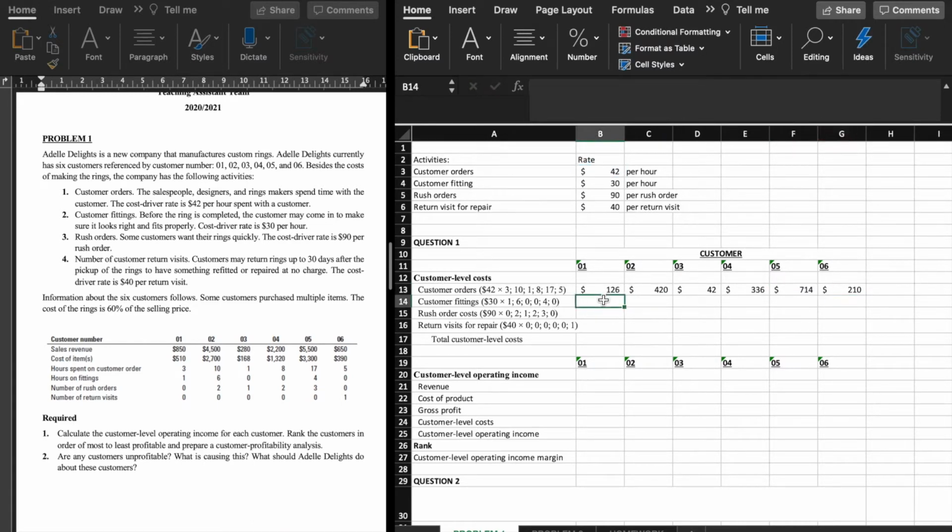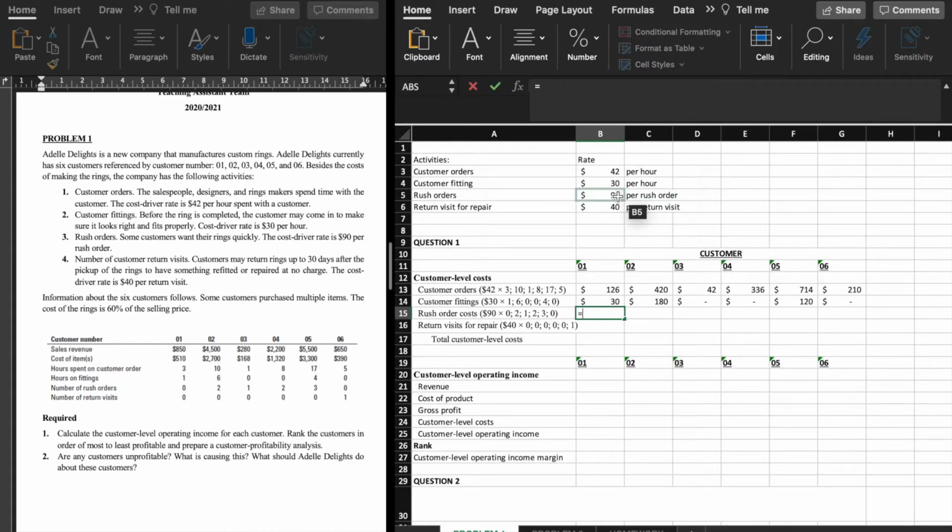For the customer fittings, it is the same, but we change to the rate for customer fittings and the hours on fittings for each customer. Next one, rush order cost.